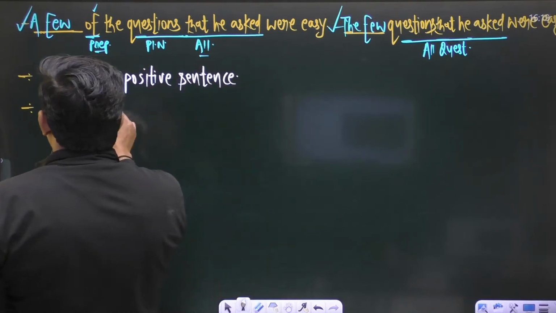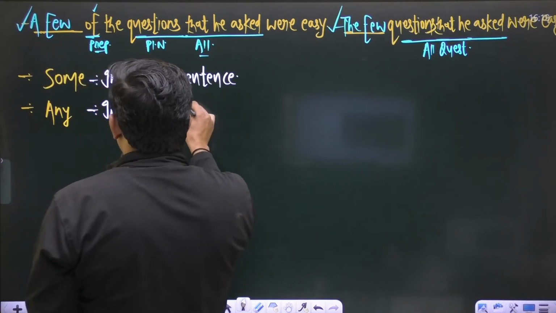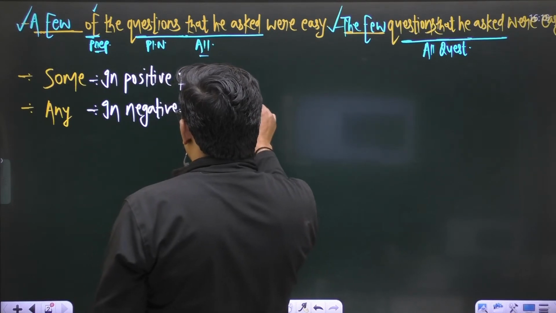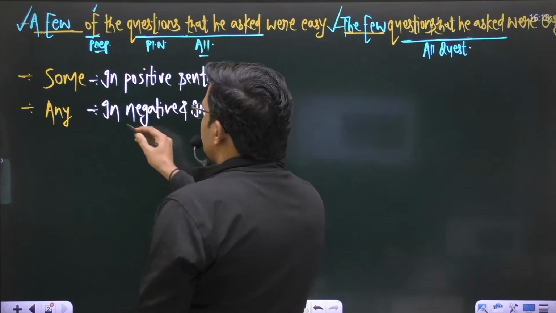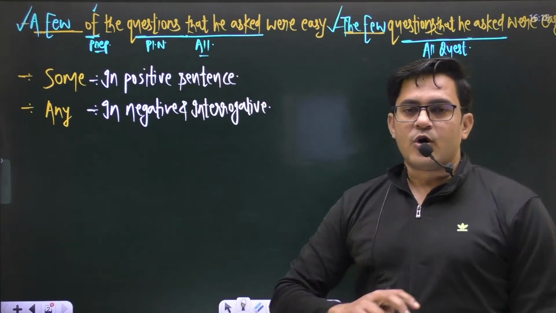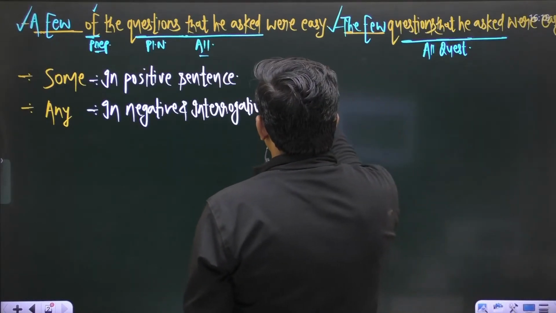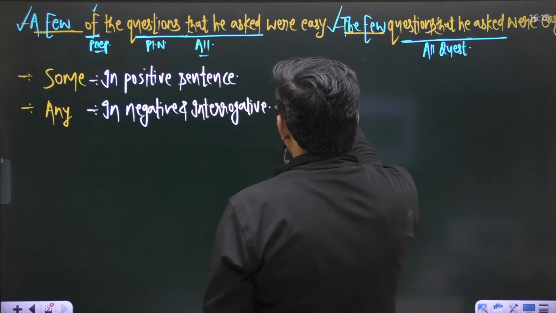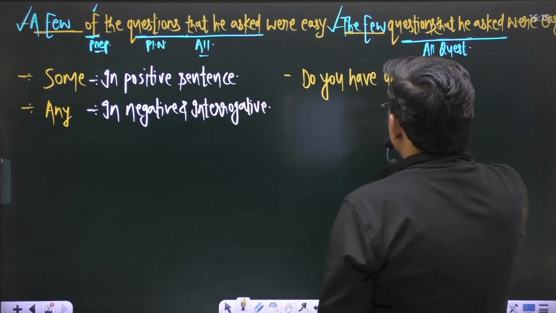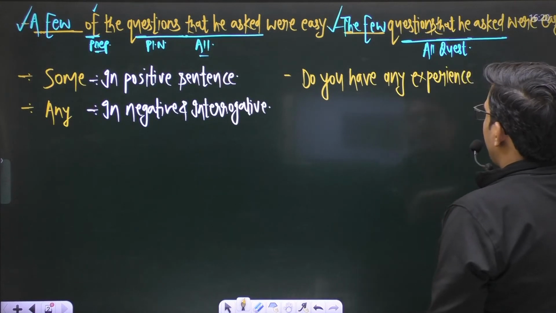And "any" is used in negative and interrogative sentences. If the sentence is negative or interrogative, we use "any". So this is the basic application. We all know it very well. Sentences are like, if I say, "Do you have any experience?"